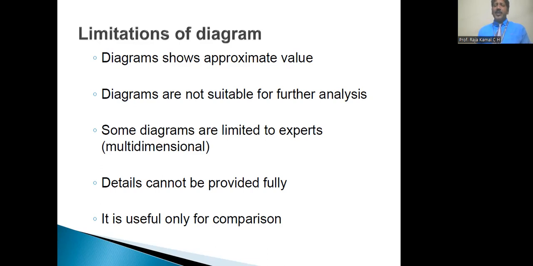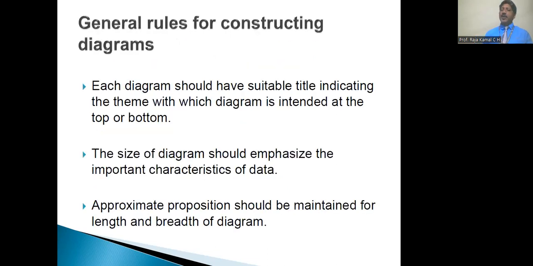But some diagrams which are more multidimensional, presenting data about multiple items, cannot be understood very easily because they are limited to experts. All the details you cannot find out by seeing diagrams. Diagrams are mainly useful for comparison.